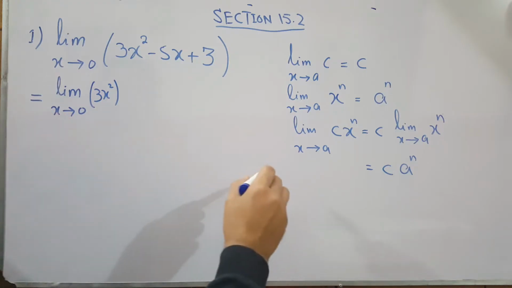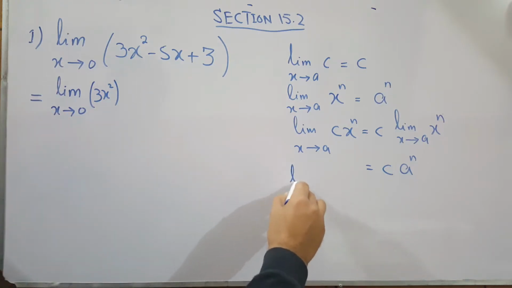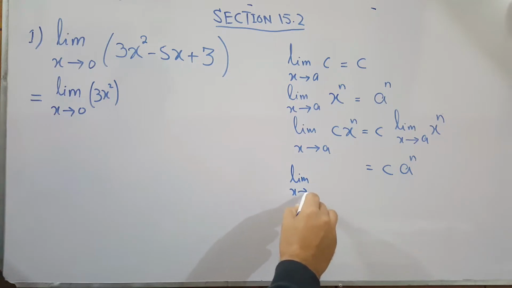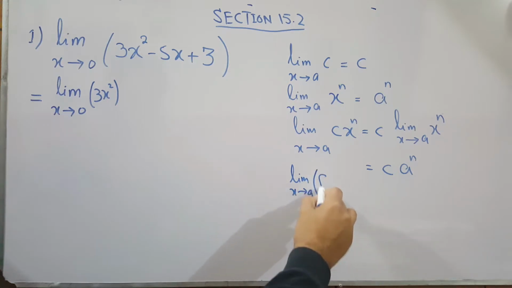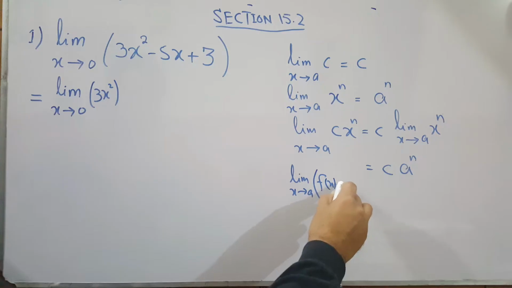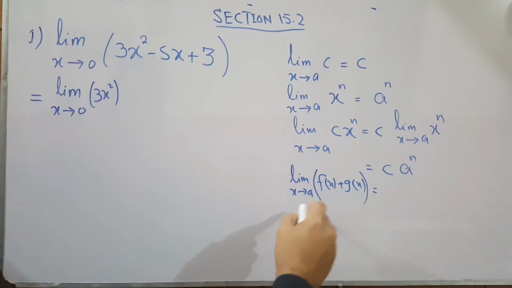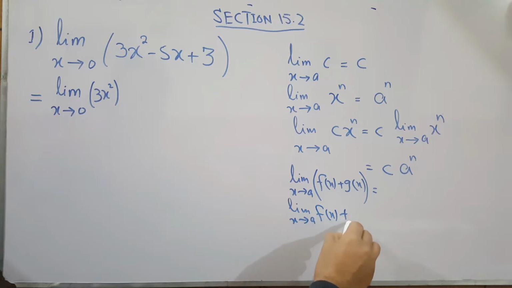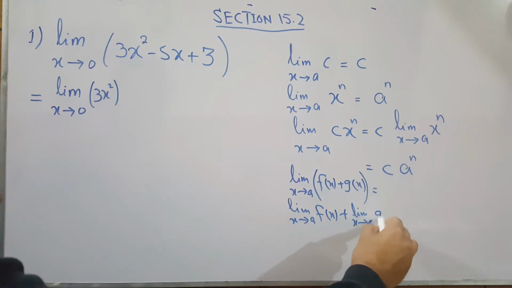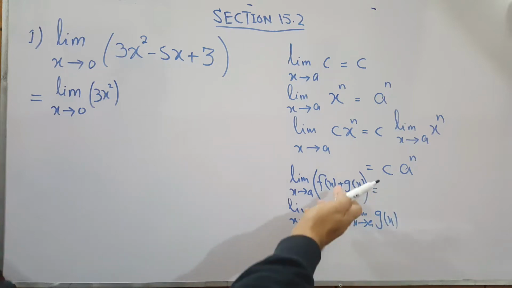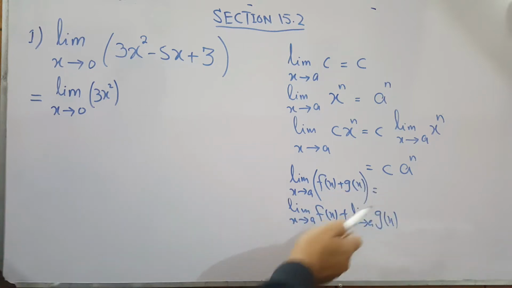One more rule that we can use is that if the limit is applied on different functions that are added, you can apply the limit separately on each of them. If there is addition or subtraction, you can do this for both of them.